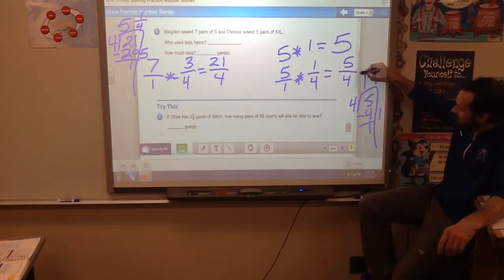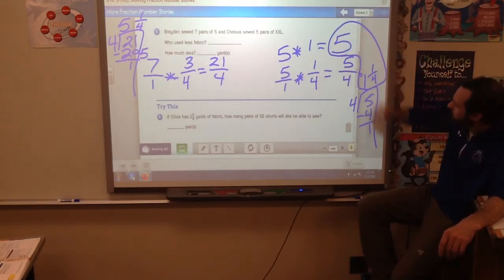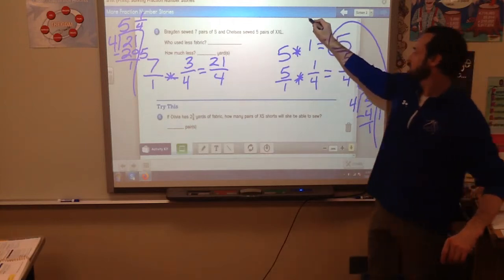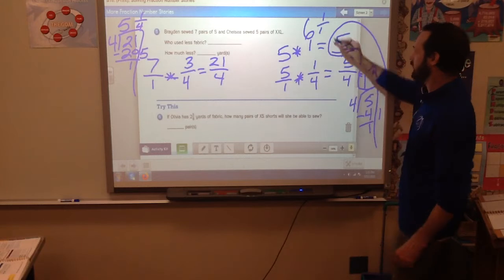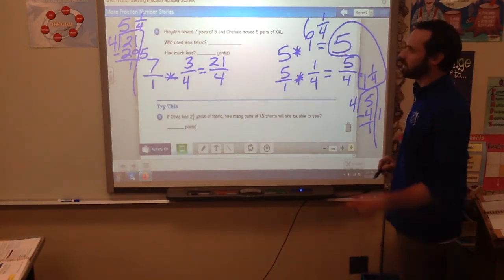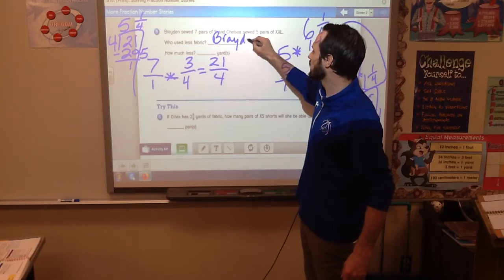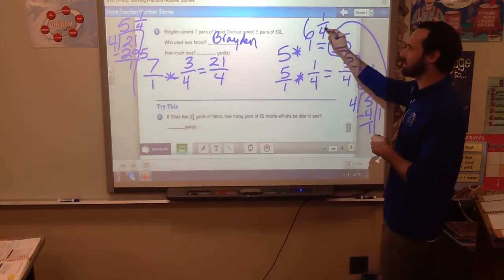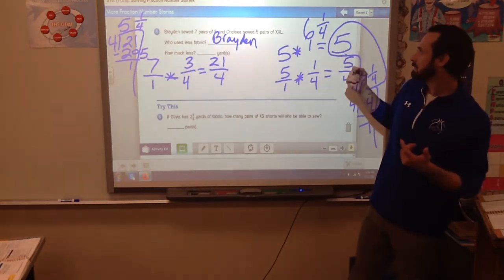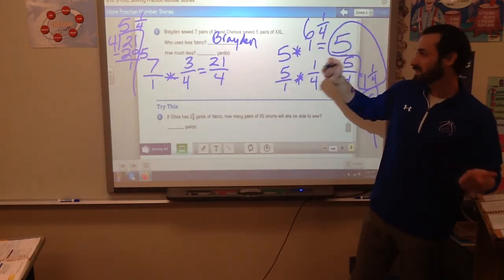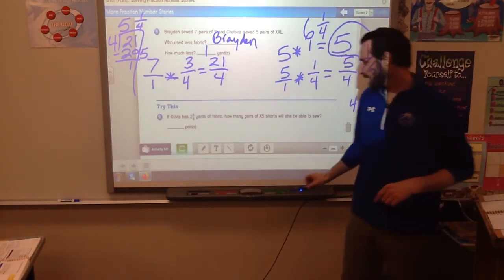Well, that's equal to 5 fourths, but I need to know how much I have total, which would make this 6 and 1/4. So, who used less fabric? It was Braden. And how much less? You should be able to do that in your head. You have 6 1/4, and I have 5 1/4. So 1/4 minus 1/4 is 0. 6 minus 5 is 1. 1 more yard.